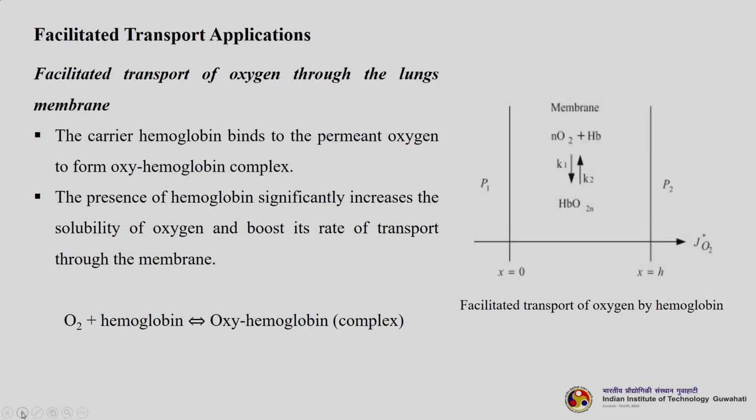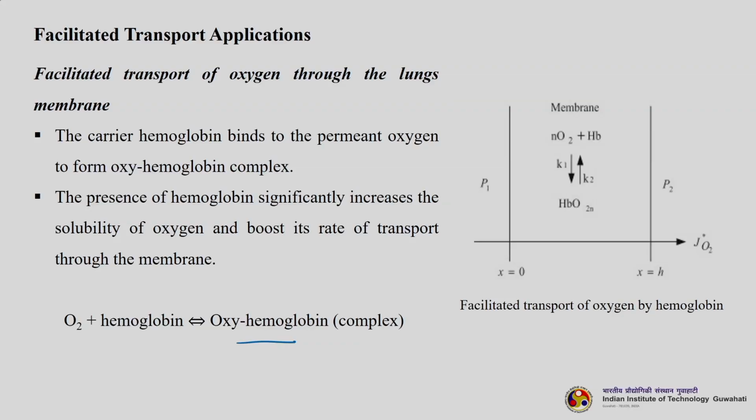So, let us understand a few real life applications, like the facilitated transport of oxygen through the lungs of the membrane. You know, the carrier is the hemoglobin here. It binds to the permeating oxygen to form an oxyhemoglobin complex. Now, this oxyhemoglobin complex diffuses through the membrane, and once it reaches the permeate side, it releases the oxygen to the opposite side and is free again to bind to another molecule of oxygen.